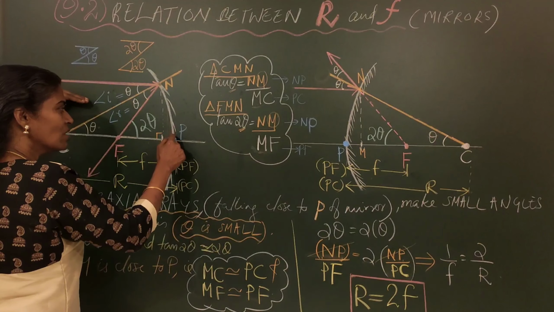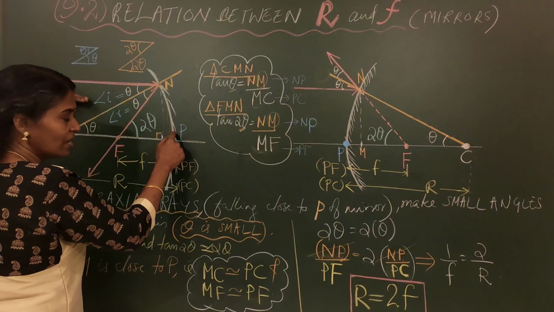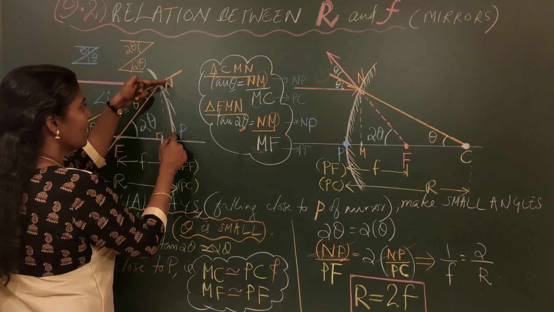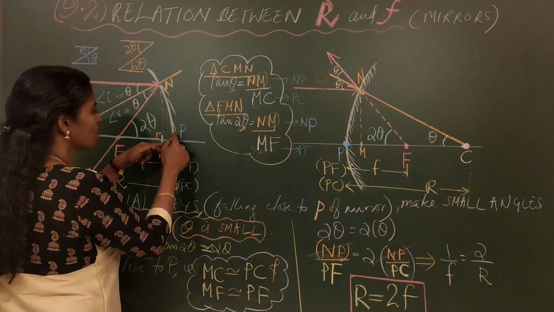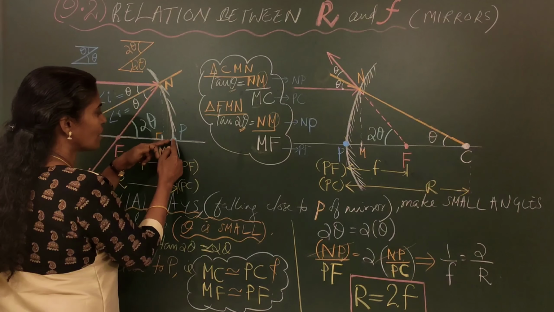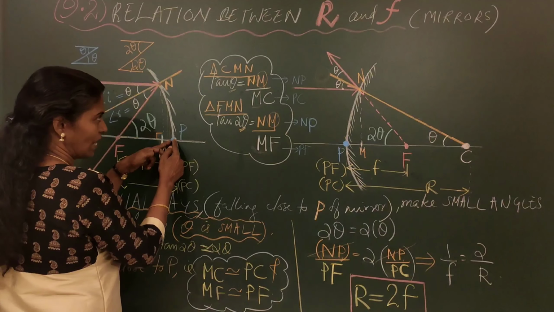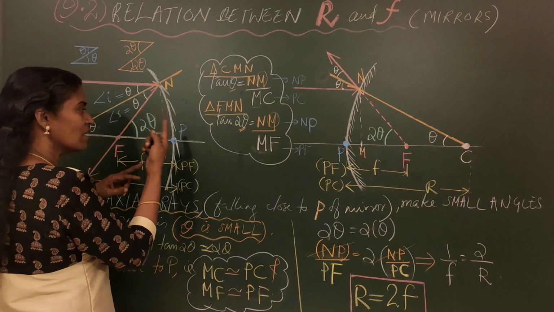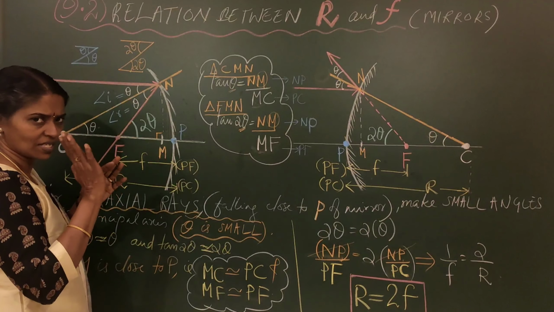It comes along very close to the point P. While it reaches P, what happens to M? M is again walking. When N is walking towards P, M is also walking towards P, and M and P come very close to each other, so that wherever you write M, you can replace it with P itself. That's a thing.